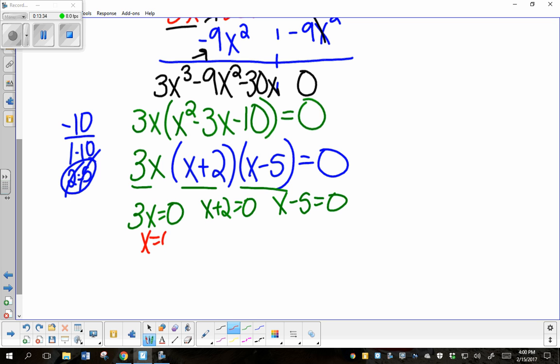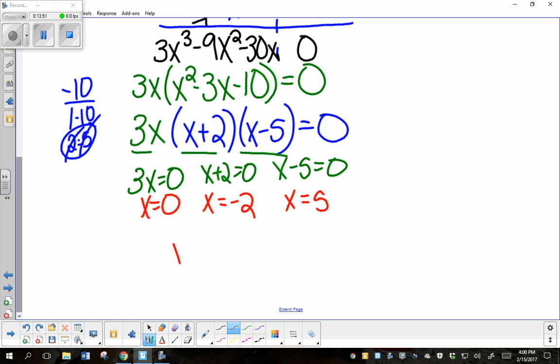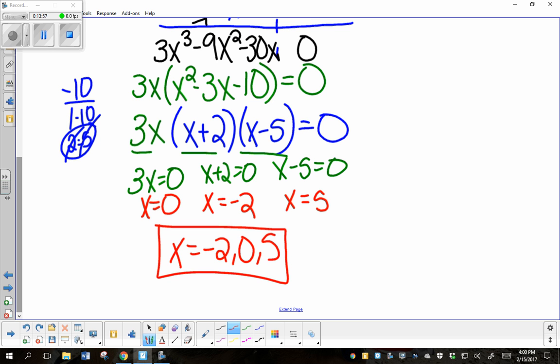Well, 3 times 0 is 0, so x equals 0 is one of our answers. What plus 2 is 0? Negative 2 plus 2 is 0. And finally, what minus 5 is 0? Well, 5 minus 5 is 0. So on this one, we got three solutions, and that's fine. Our solutions are negative 2, 0, and 5, because I want to write them out from least to greatest.